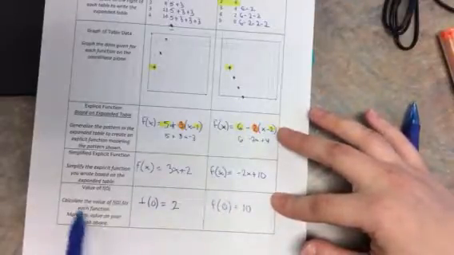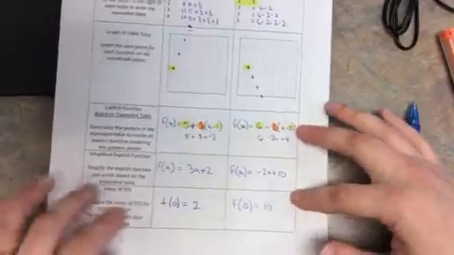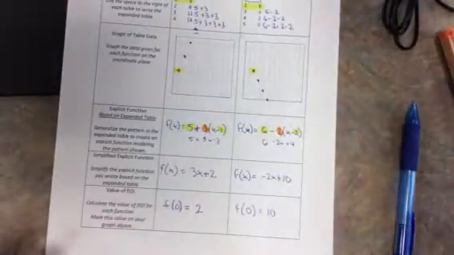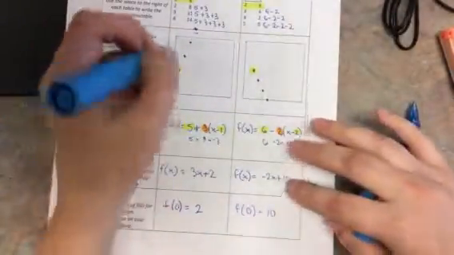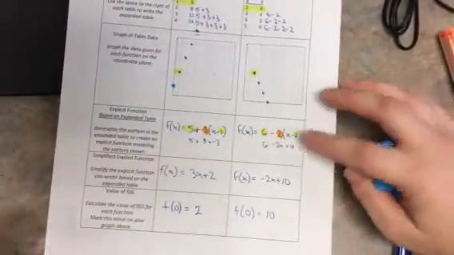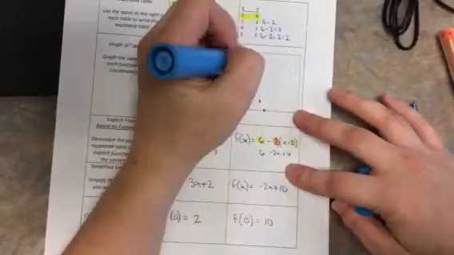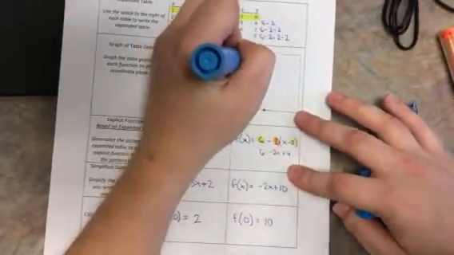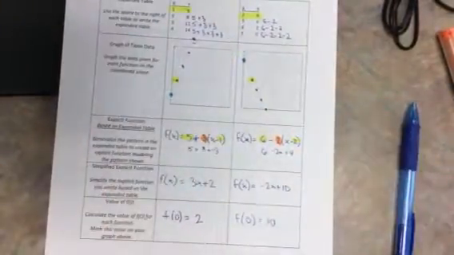Okay. This said mark the value on your graph. So let's do that. So 0, 2, right there, right? 0, 10, right there.